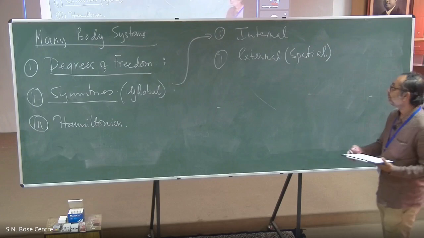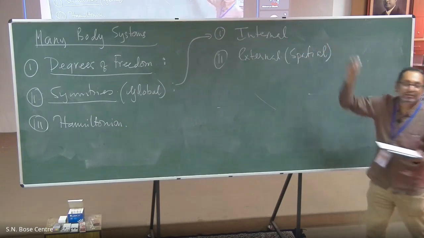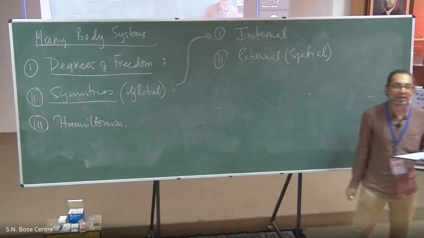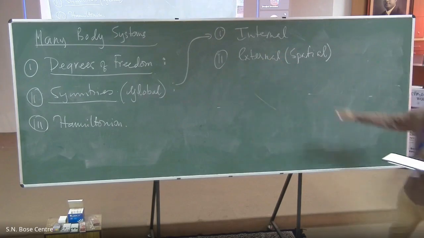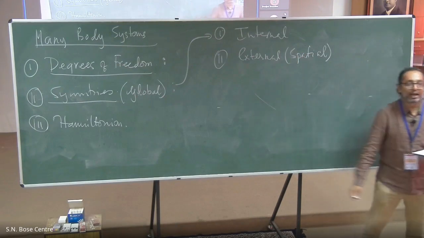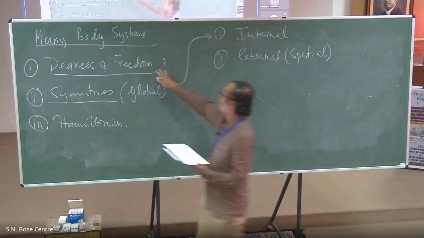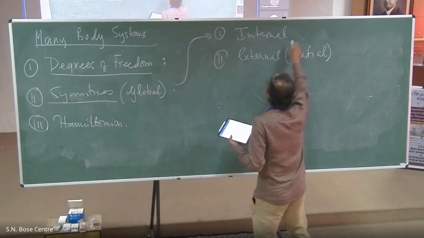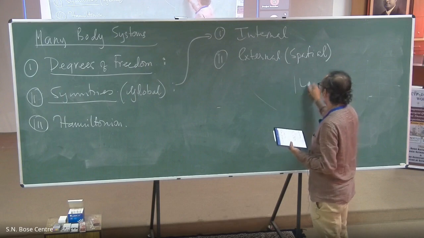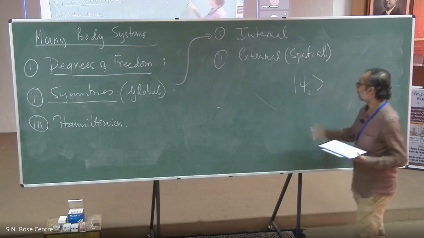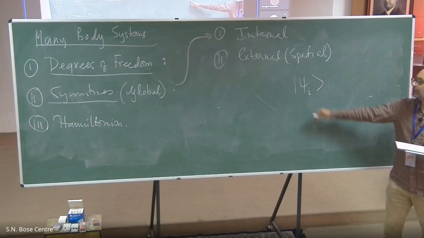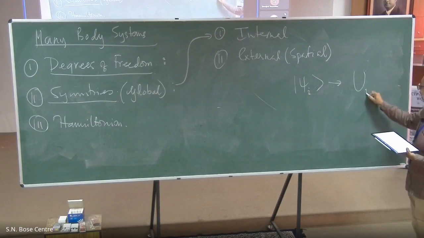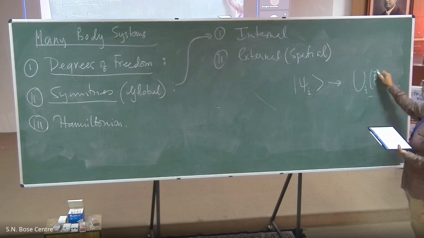It's useful to start with these two rough distinctions. Internal symmetry basically means that I have degrees of freedom at different points on the lattice or on a network. The internal symmetries basically act on states in the same Hilbert space, taking it to some U of I, with some parameter.